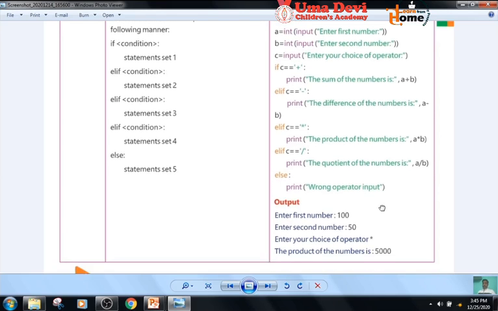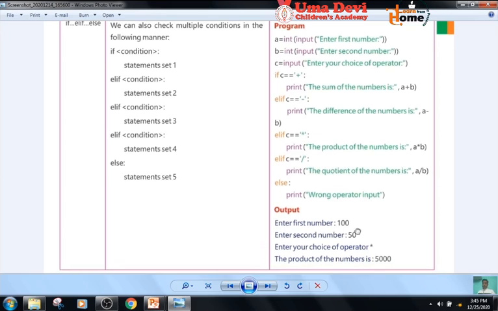When they have entered first number 100 and second number 50, and then the input for the operator, enter your choice of operator.